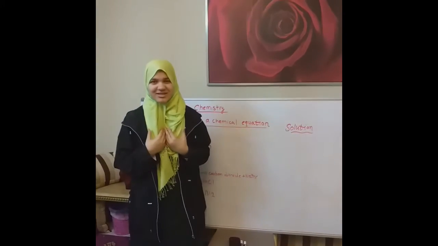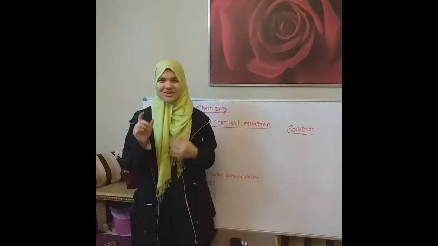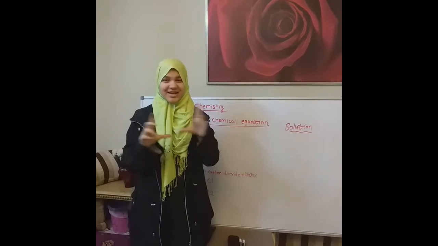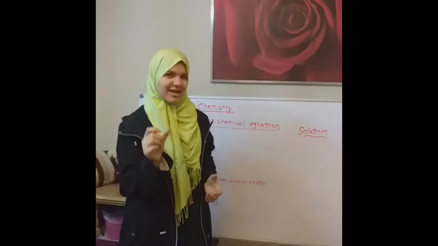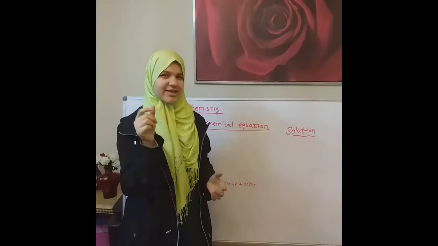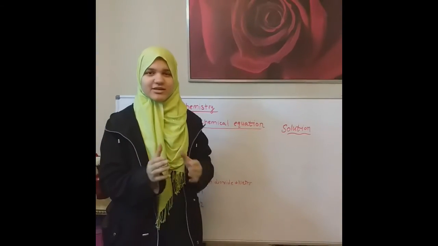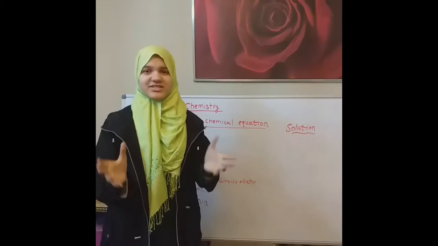I am Jana Ahmed Abdul Sadiq and today we will talk about chemistry, the magic science. So let us start with a lesson or a topic in chemistry, which is the language of chemistry.